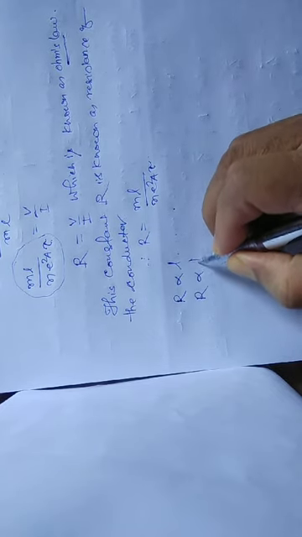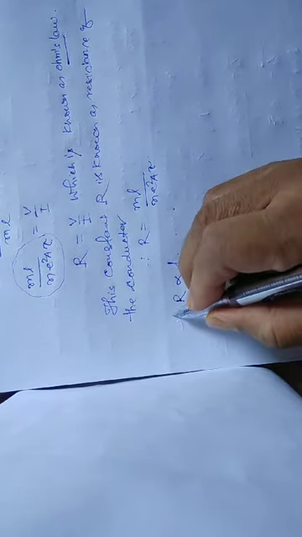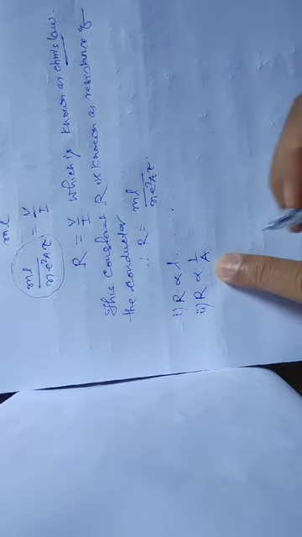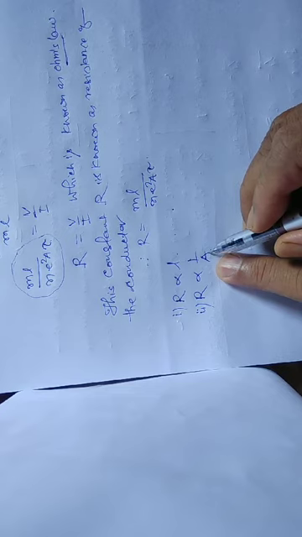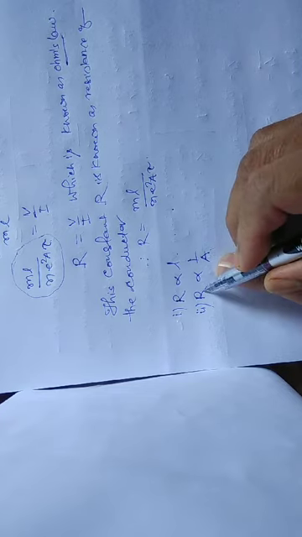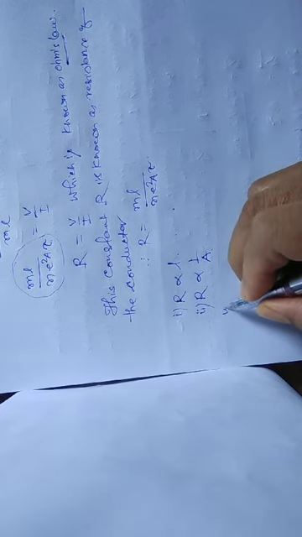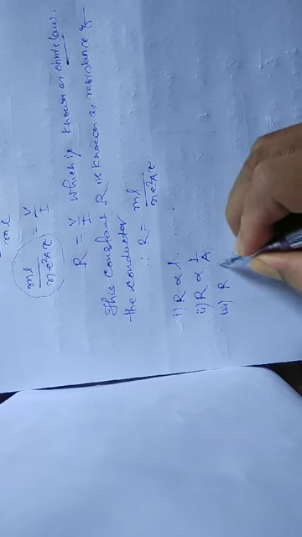It varies inversely with the cross-sectional area of the conductor. Greater is the cross-sectional area, thicker is the wire, smaller will be its resistance, and vice versa. It varies directly with the temperature.